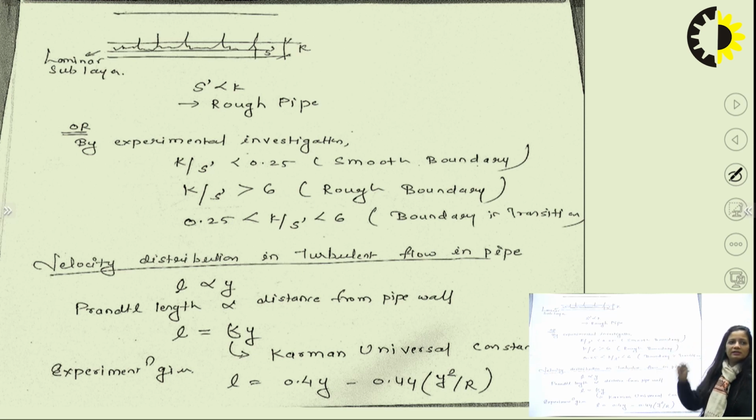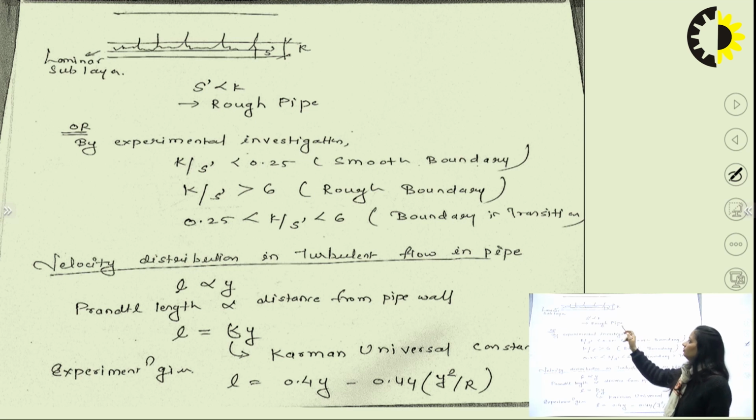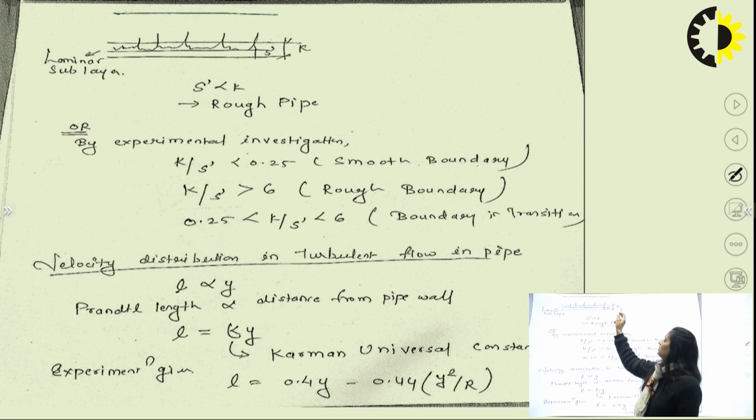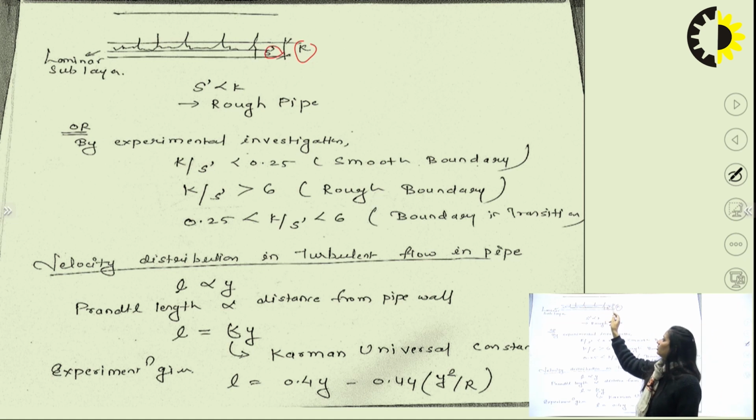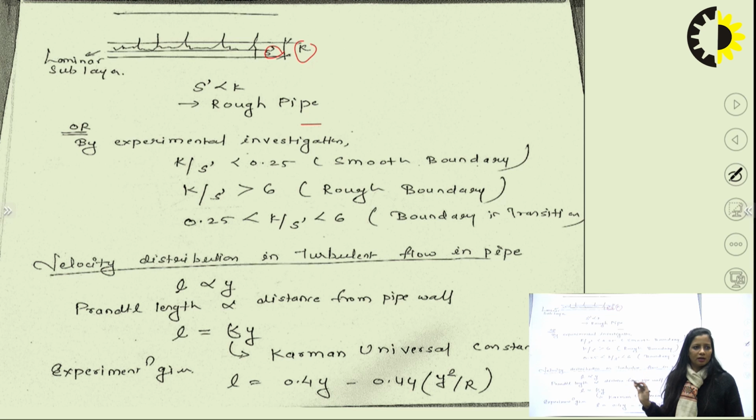Here the opposite situation also applies: the average roughness height is greater than the laminar sublayer. So we'll say that it is simply a rough pipe.